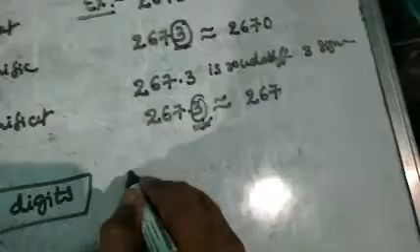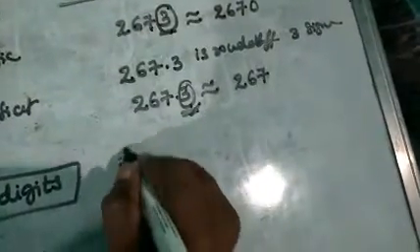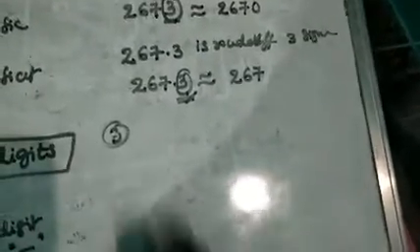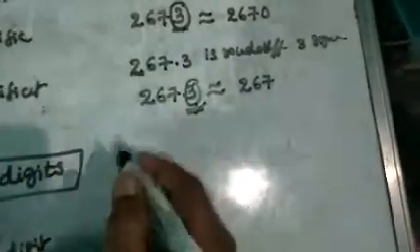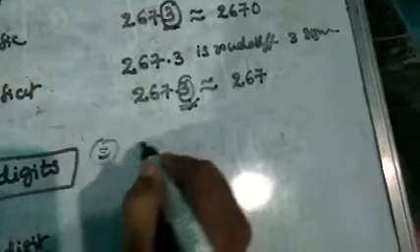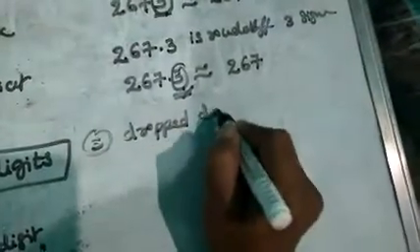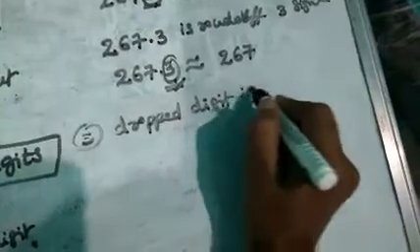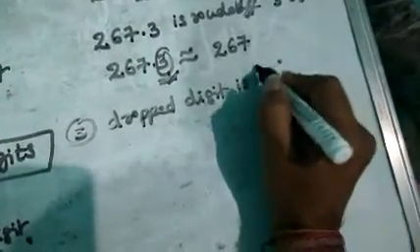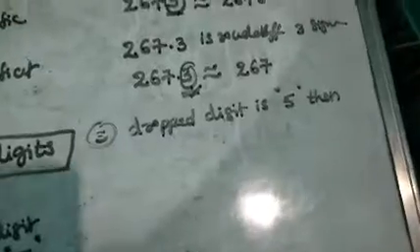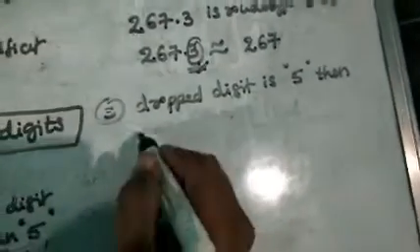Now the third rule; in the third rule again there are 2 subpoints. Sir, if the digit to be dropped is equal to 5, then what will happen? In this there are 2 conditions.